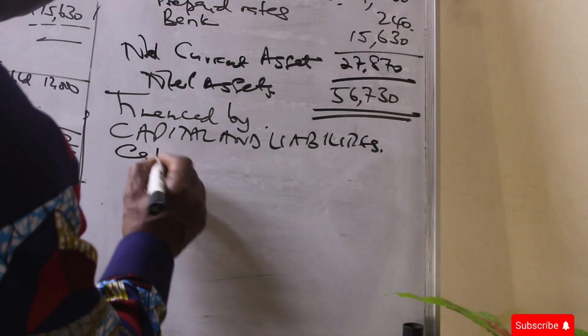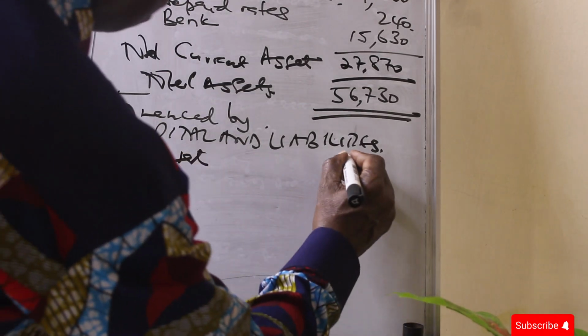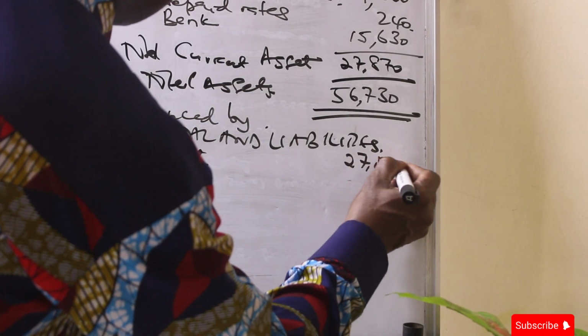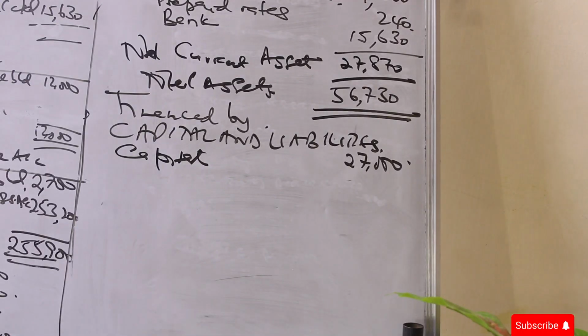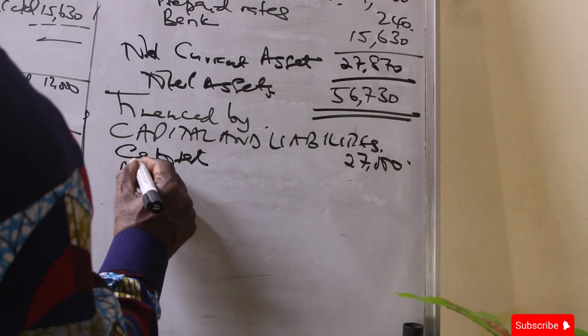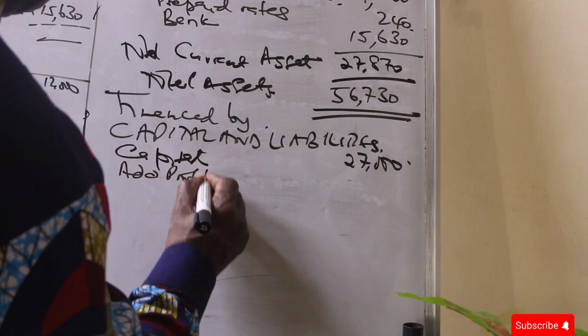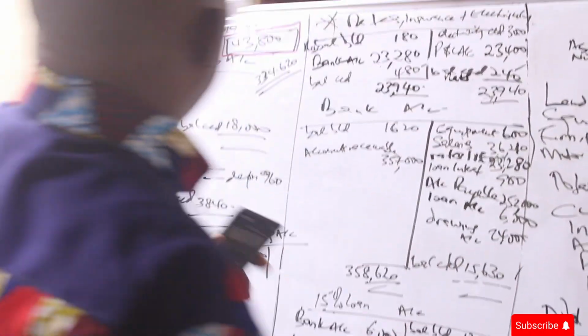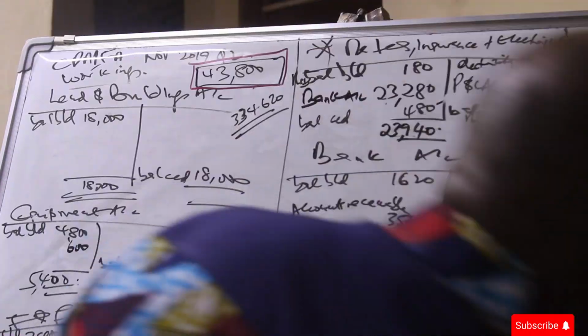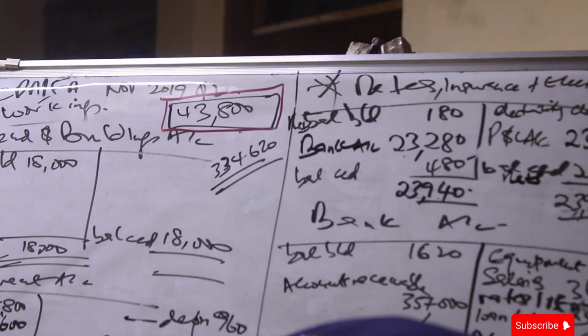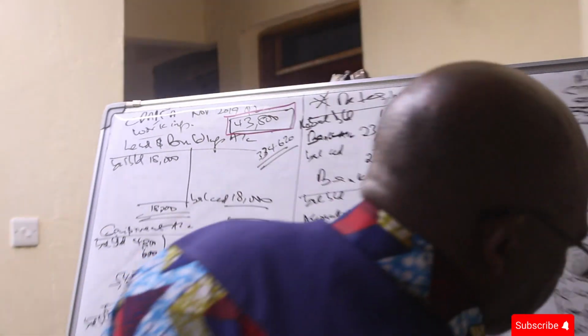That's the first thing we calculated. And then we add profit for the year, and you see the profit is 43,800.